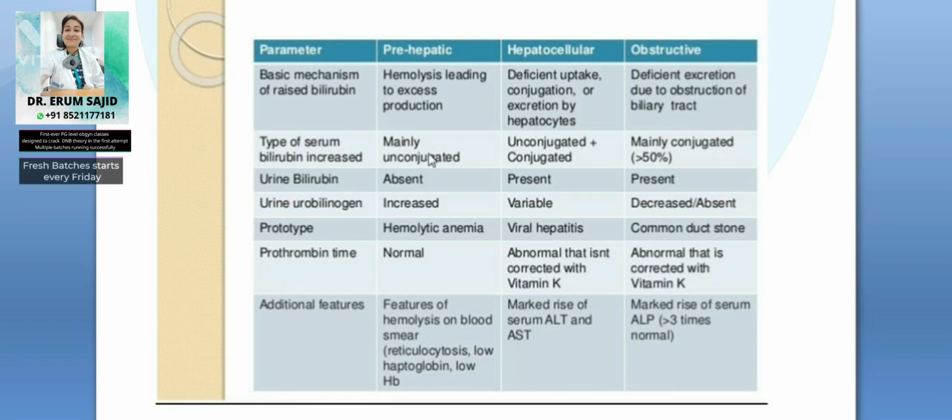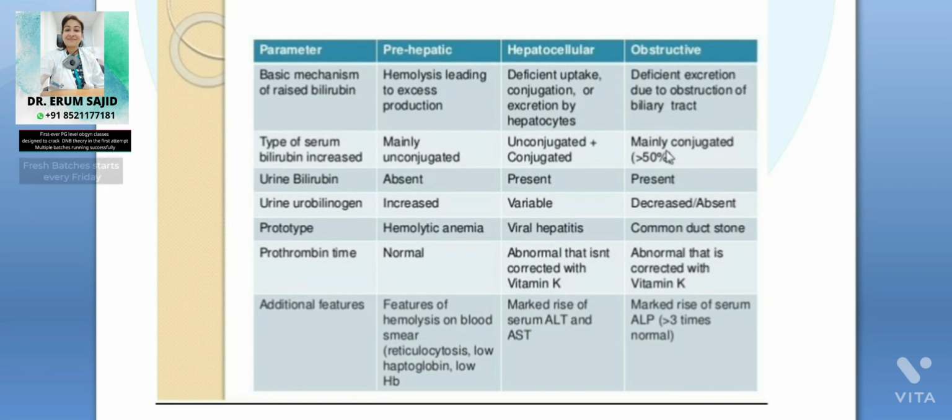Why? Because there's so much unconjugated bilirubin being circulated that it's not necessary that the liver will be able to metabolize all of it, right? So it's going to be secreted out, and urine bilirubin will be absent. Over here, the urine urobilinogen is going to be variable. But in case of obstruction, it's usually absent for the simple reason that the place where the conjugated bilirubin was being thrown inside the gut and the circulation, it's not getting that chance.